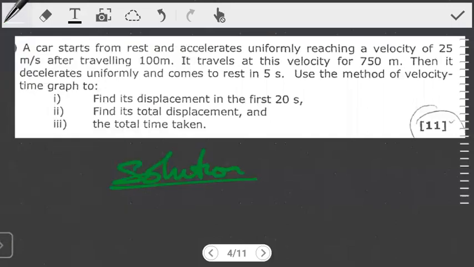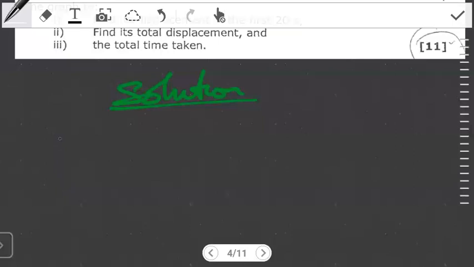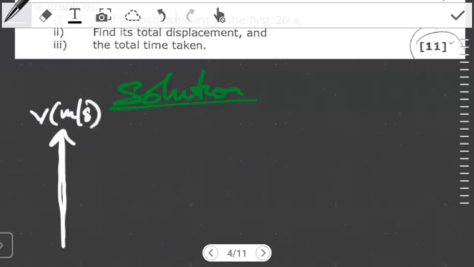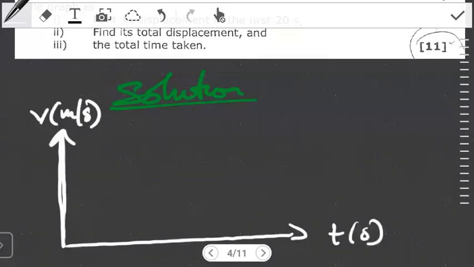So they want us to use the method of velocity time graph. So we're going to just make a simple sketch of what is happening here. In a velocity time graph, we have our vertical axis, our velocity here in meters per second. The horizontal, we have our time, and this is in seconds. What is happening?